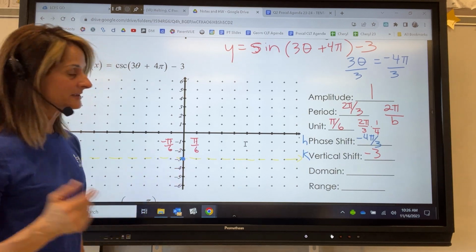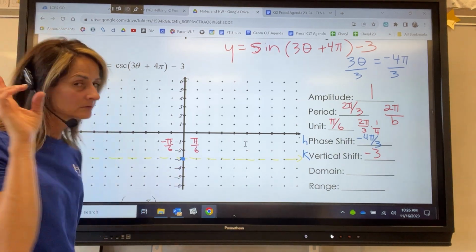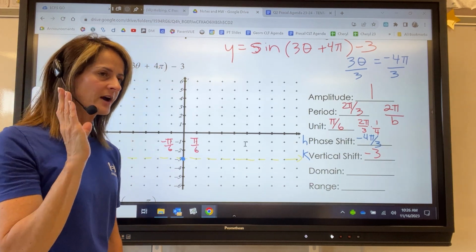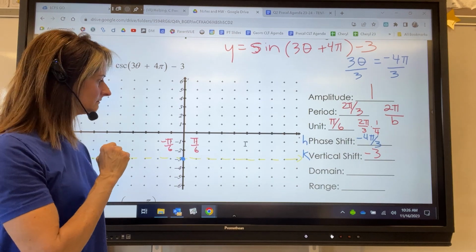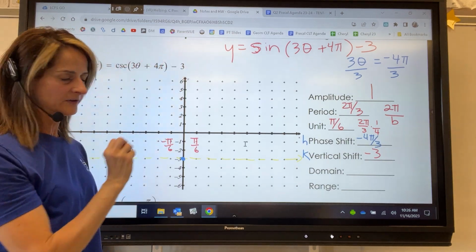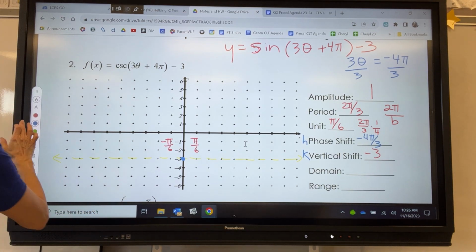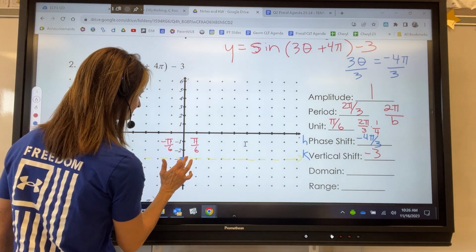Now this point is going to be on our graph because we're starting with the graph of the sine function, and 0, 0 is on our function. If we were graphing cosine, then we'd have to use the amplitude to find our starting point. Okay, so now we've got our starting point. So I'm going to go ahead and circle it.